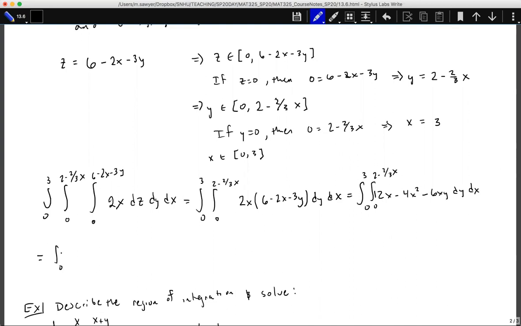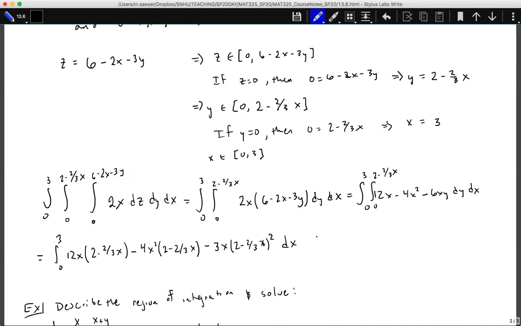So we get 0 to 3 of 12xy. Let's just go ahead and drop in the 2 minus 2/3 x, minus 4x squared times 2 minus 2/3 x, minus 3x times 2 minus 2/3 x quantity squared, with respect to x.